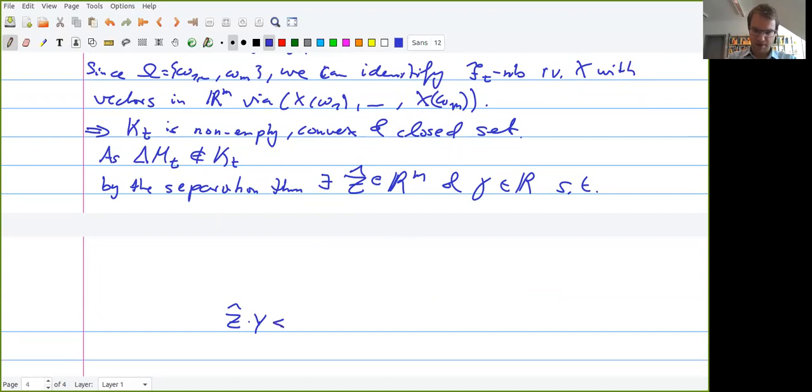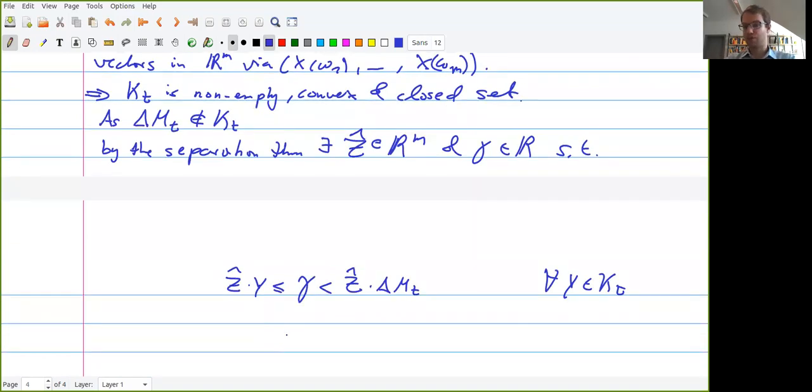If I apply this linear mapping Z hat to elements in K_t, so for all y in K_t, this is less than gamma, and this linear mapping strictly separates this set K_t from the element delta M_t. So this is strictly bigger than gamma. So this is just applying the separation theorem.